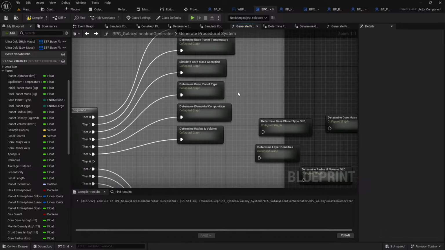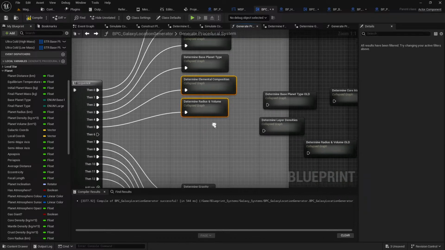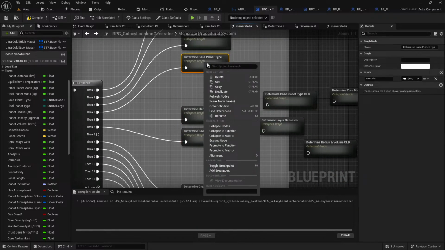I'm trying to do all these steps in unison for all planet types, but I think I may have to deviate slightly from that plan.